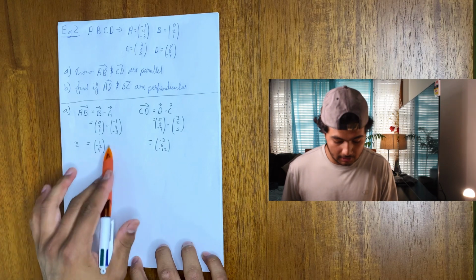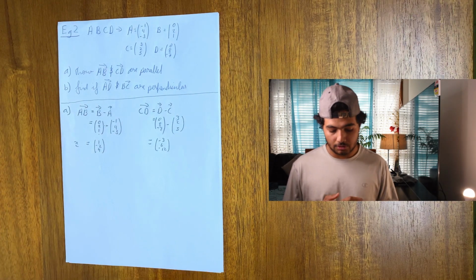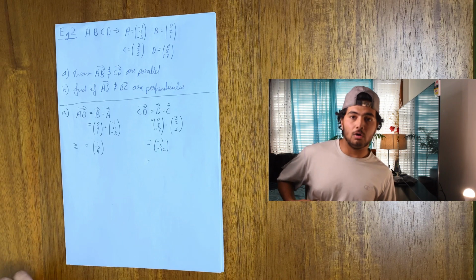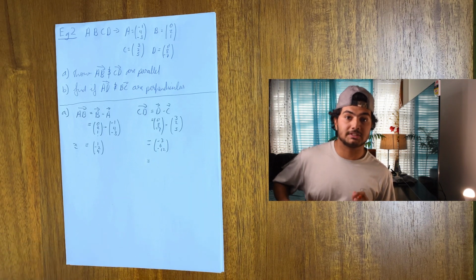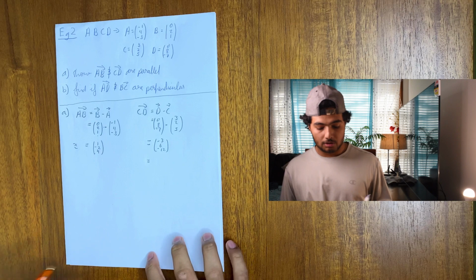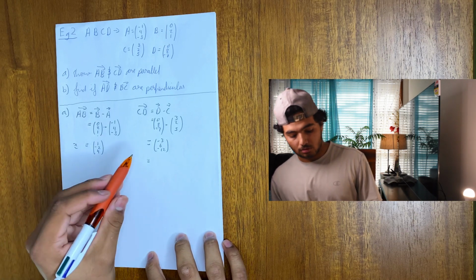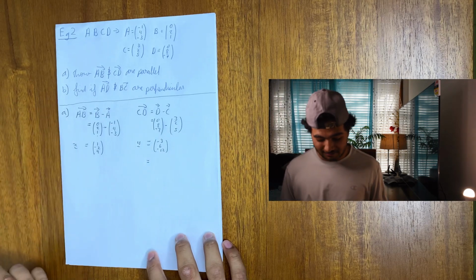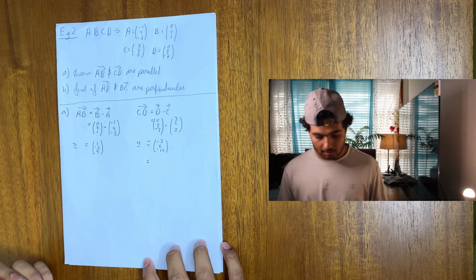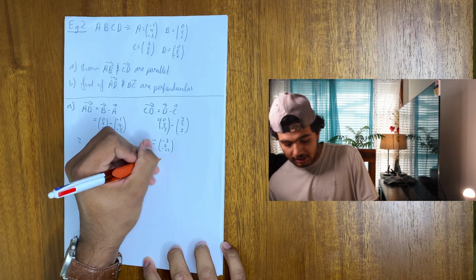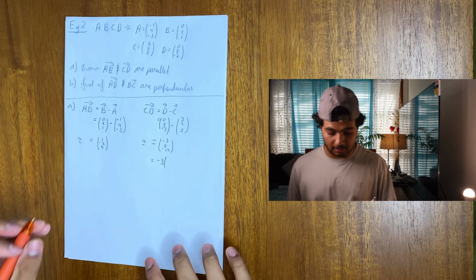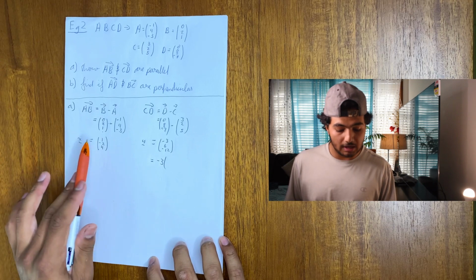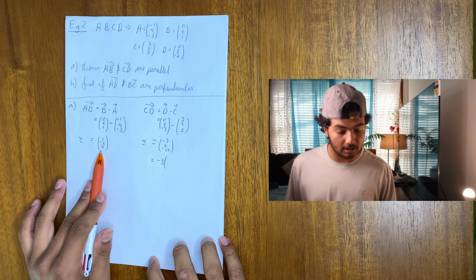Looking at this, observing these two vectors, we know a vector is parallel when it's multiplied by a scalar magnitude. So for vector CD, let's denote that as vector Y. So vector Y, if we multiply vector X by -3, we get -3, 6, -12.